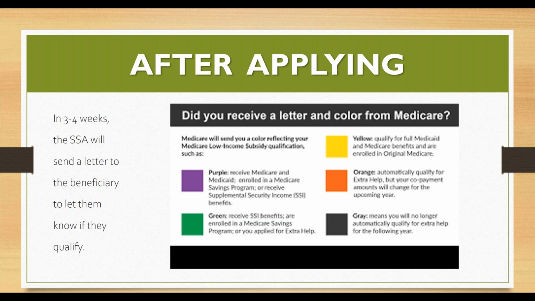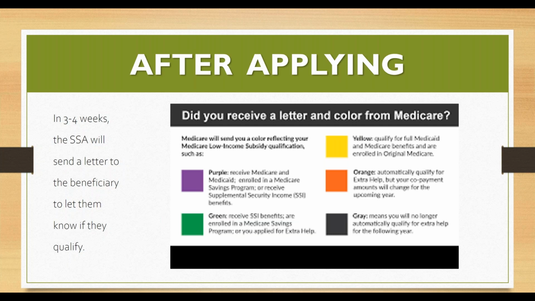Now, one of the things I used to like to do was make sure I had their information so that I could log into their account, because as you see here, it's going to be 3 or 4 weeks before you get the letter. Well, it usually only takes about 2 weeks before it shows up online as being enrolled, as qualifying for either LIS or Medicaid.